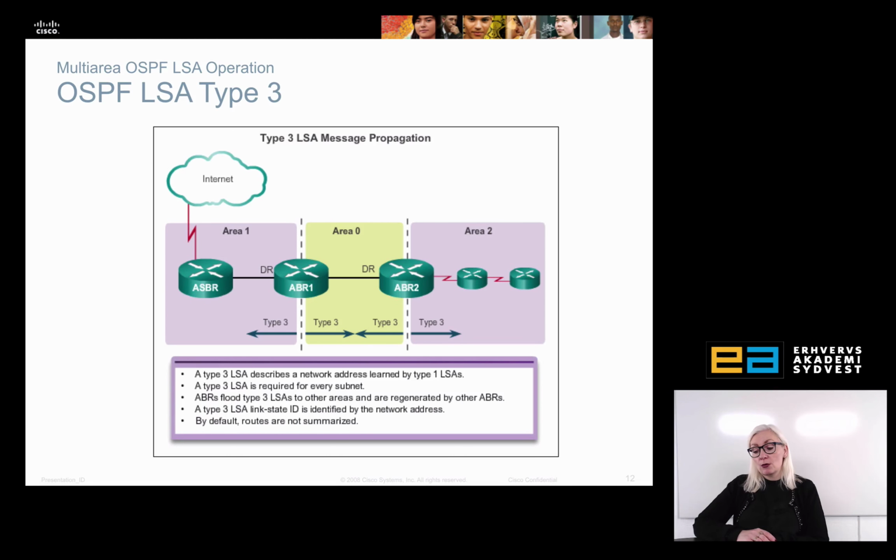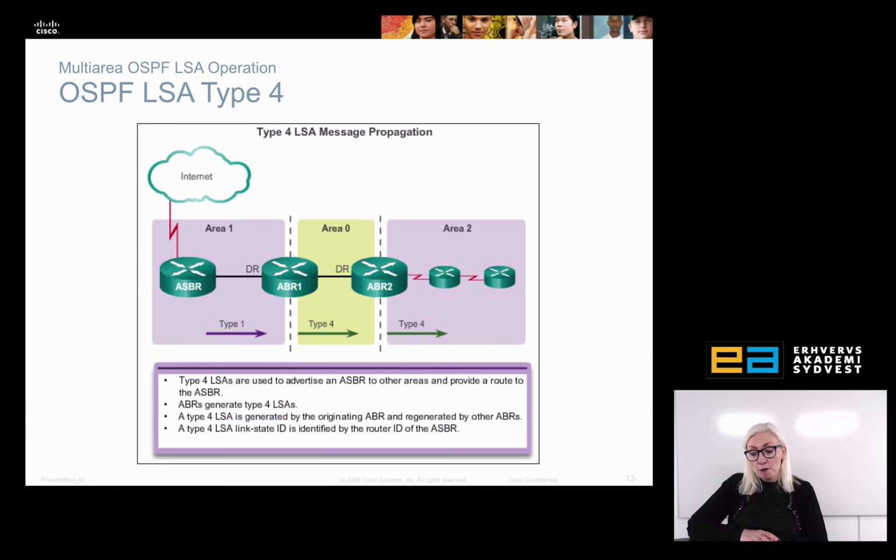It describes the network address and the subnet mask of each LSA 1 packet. So this is where the different areas exchange information about the networks in the different areas. By default, these routes are not summarized, and the ABRs flood the type 3 LSAs to other areas, where they are regenerated by other ABRs.